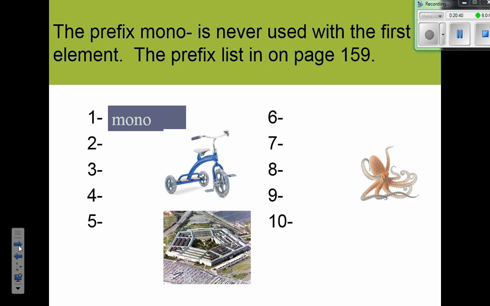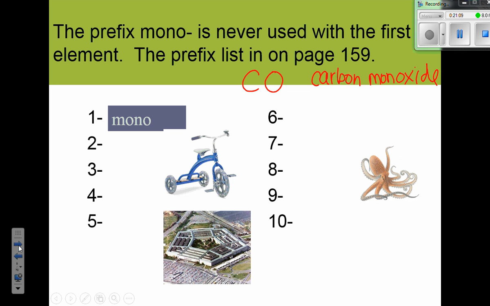What if we had this compound? How many carbons are there? One, so we would just call that carbon, because we don't use mono for the first element. And then how many oxygens are there? Monoxide. We don't do double O, so it's mon, ox, we drop the gen and add IDE. That was an excellent question.